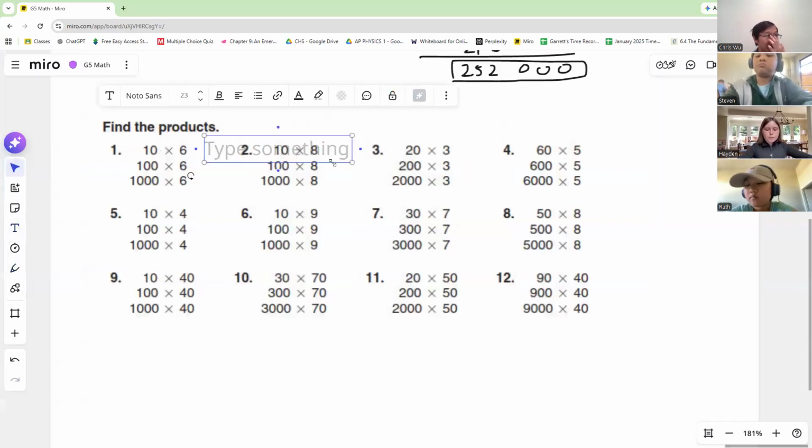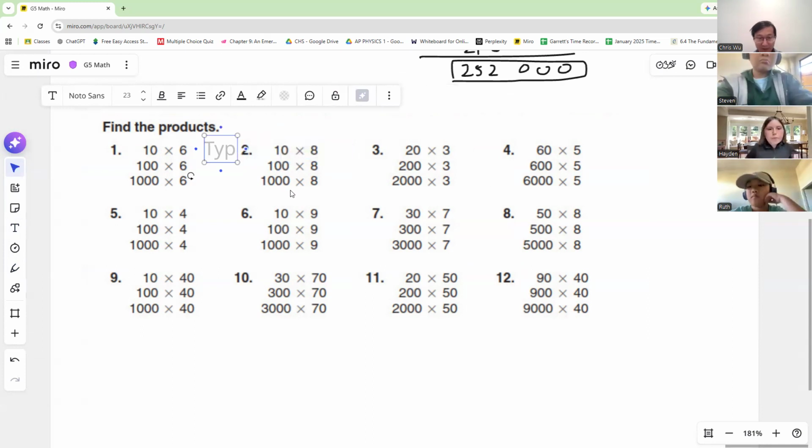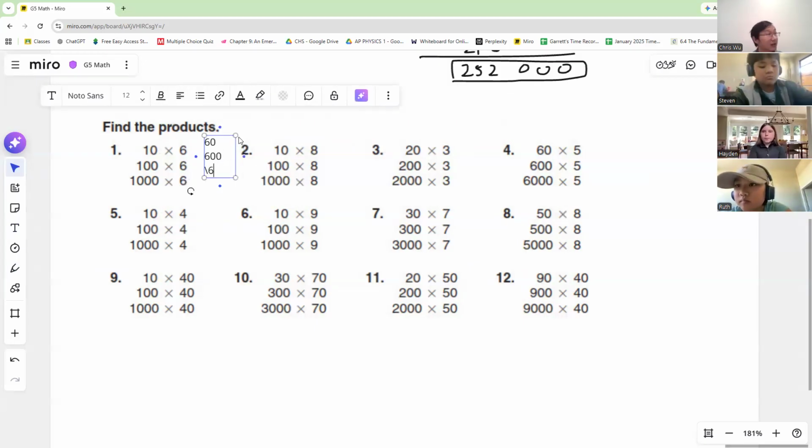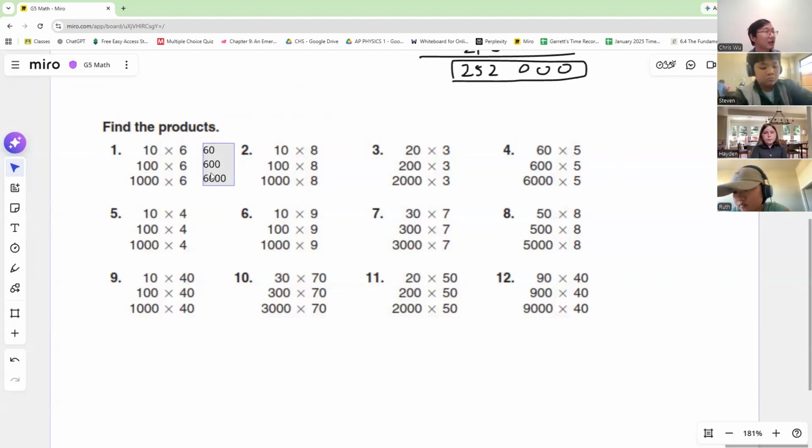Okay, Hayden, can you give me the answer for number one? The three numbers for number one? 60, 600, and 6,000. Yep. I can make this slightly smaller and slightly wider. Yeah, that works. 6,000. Good job. All right, good.